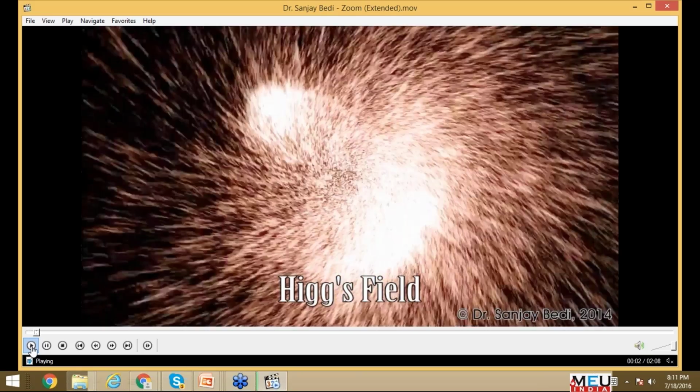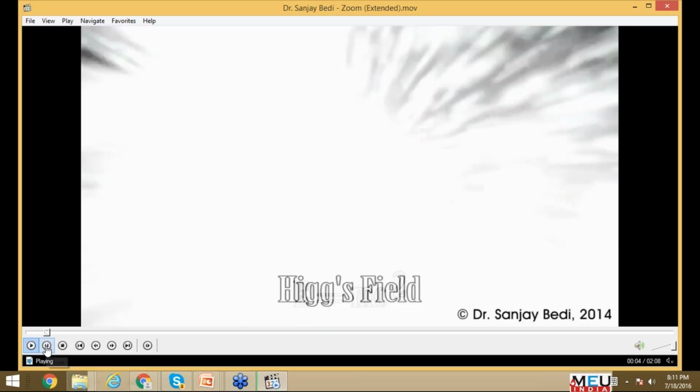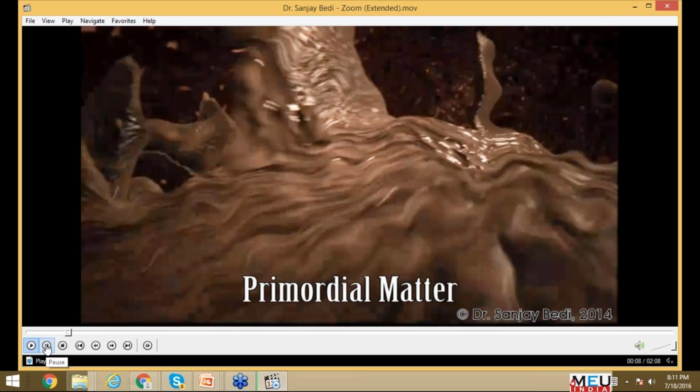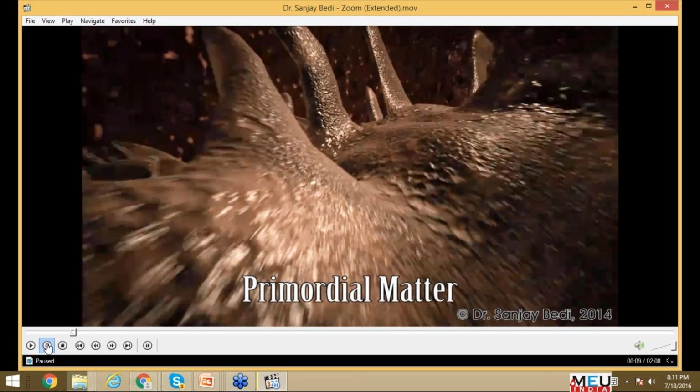Now when this universe started, it was all the Higgs field, and there was a primitive matter, and with the Big Bang, along the lines of E equals mc squared, it formed the original matter.